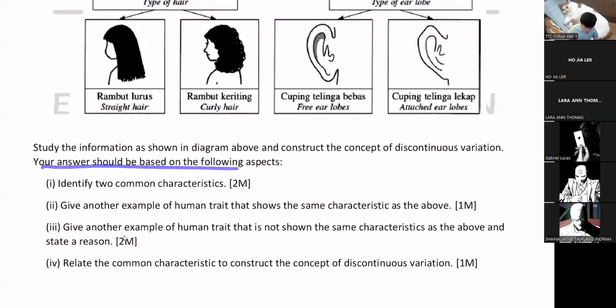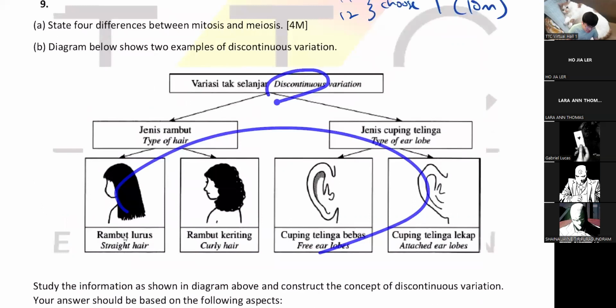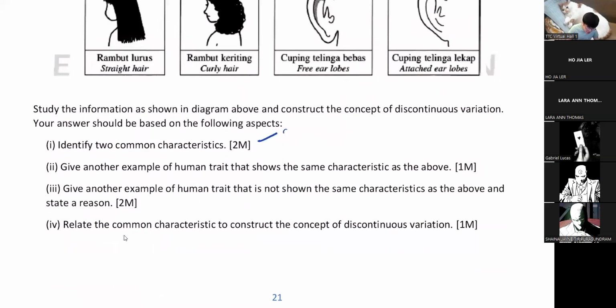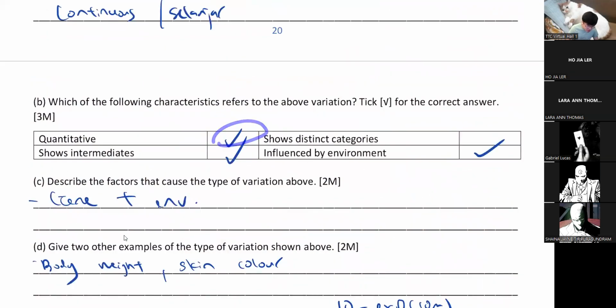Your answer should be based on the following aspects. When you see questions like this, don't worry, they will guide you question by question. So first question, identify 2 common characteristics. What are the common characteristics of discontinuous? Like I said, they are qualitative. Like I said just now, continuous is quantitative, so now it's qualitative.